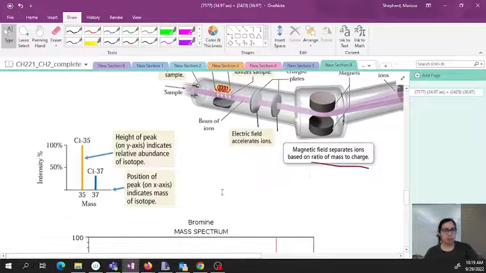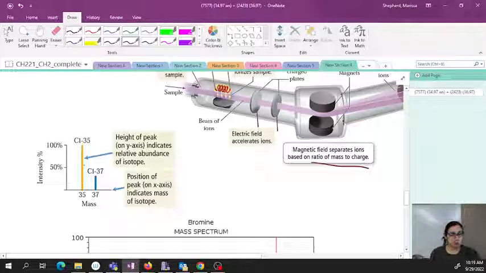And so basically what you would get, if you shot some chlorine through your mass spec, or something that contains chlorine, so this would contain one chlorine atom. And so if it contains one chlorine atom in your sample, then you would get peaks that correspond to your isotopes.